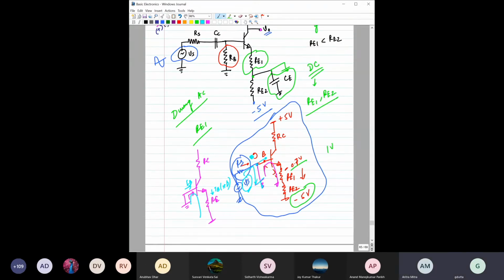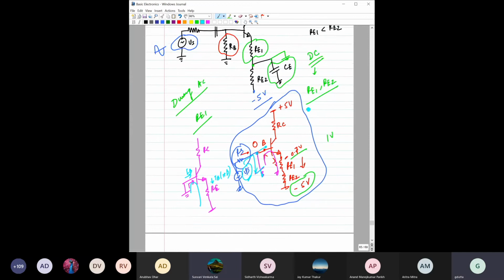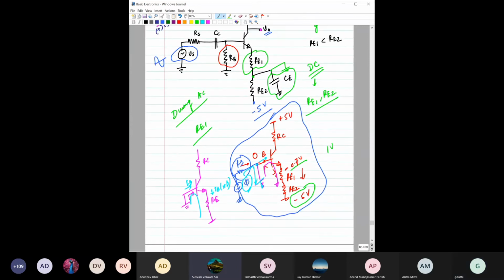Yeah, but for DC, it should work, right? I think in one of your previous classes, in the DC biasing part, we analyzed this type of circuit where the base was grounded. Sir, can the signal go to ground when RB is present?